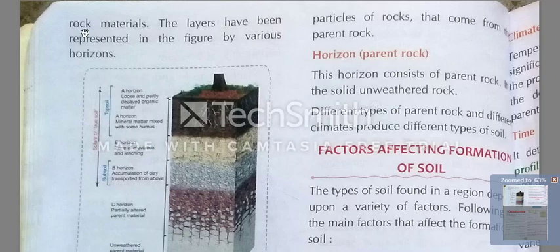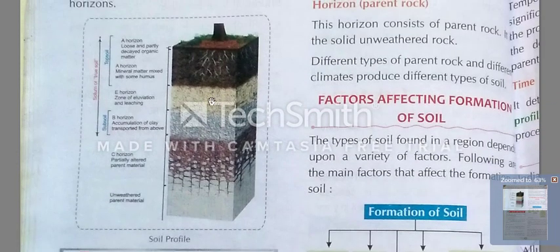The layers have been represented in the figure by various origins. Here you can see they have shown different parts. First you will see these first and second parts they have considered as topsoil. This part will be the origin zone, then subsoil.